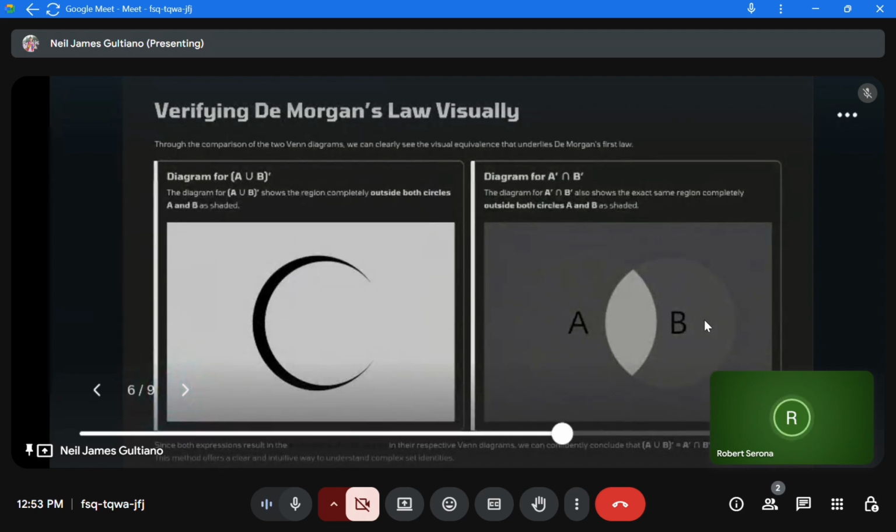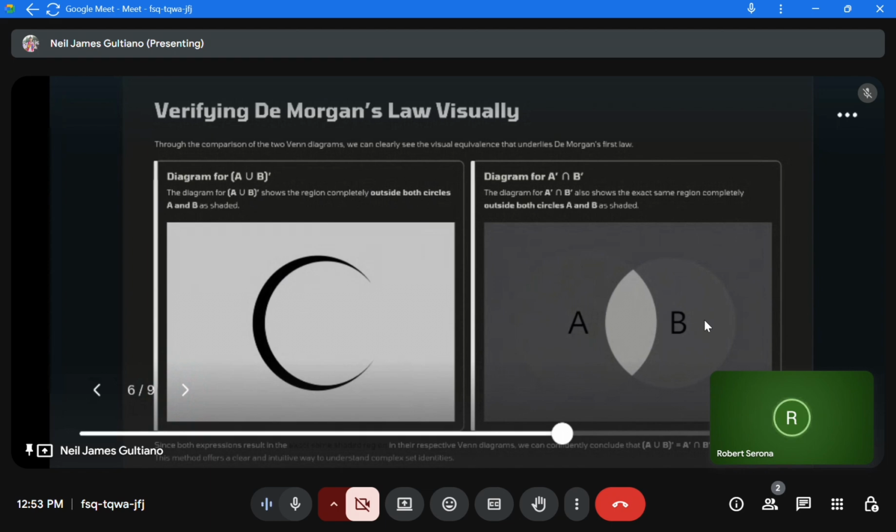By comparing the two Venn diagrams side by side, we can clearly verify De Morgan's first law. The diagram for the complement of A union B shades everything outside both sets A and B. The diagram for A complement intersect B complement also shades exactly that same region.